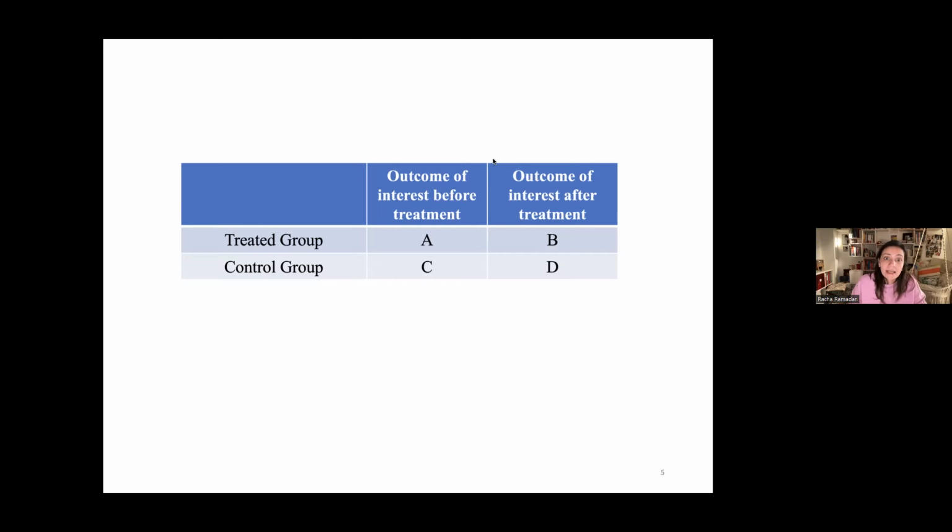Let's assume that the income level of individuals who are treated before Forsa is here, and the difference between both is the Forsa program. Let's say this is 2012 and this is 2018.